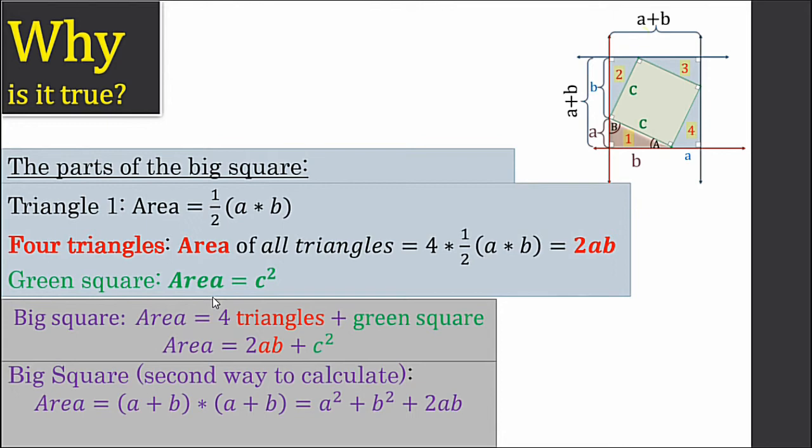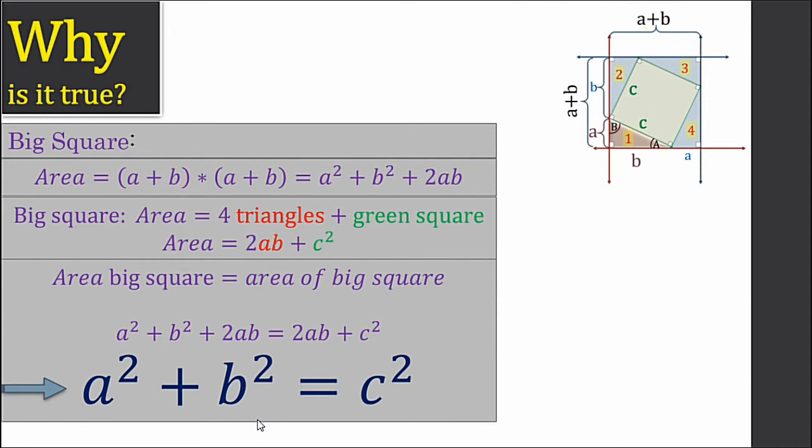The big square is composed of the 4 triangles and the green square, which makes an area of 2AB plus C squared. We can also calculate the area of the big square by its sides as shown above. Basically, the big square area equals (A plus B) times (A plus B), which is A squared plus B squared plus 2AB in expanded form, as shown at the bottom in purple text.